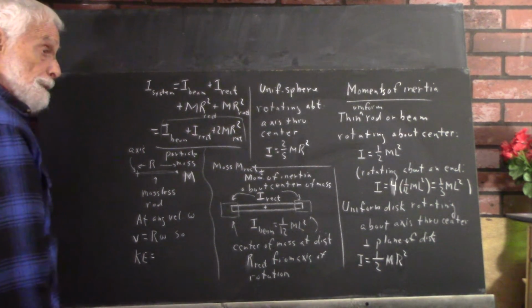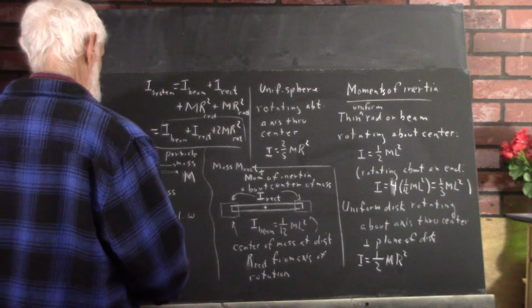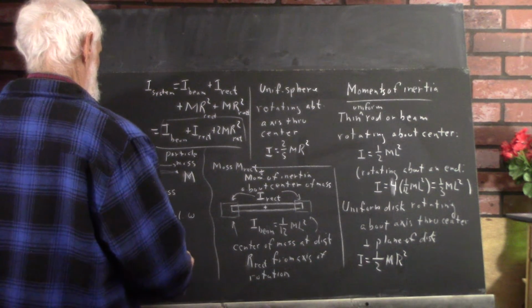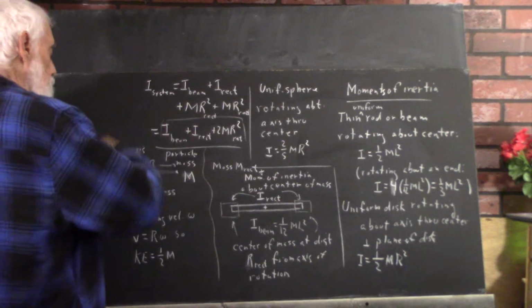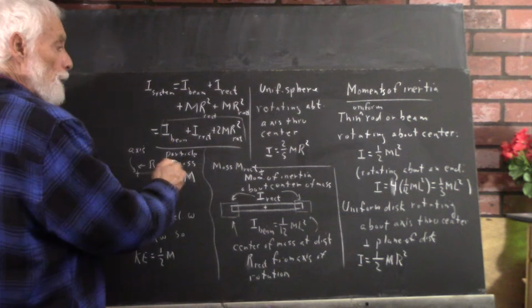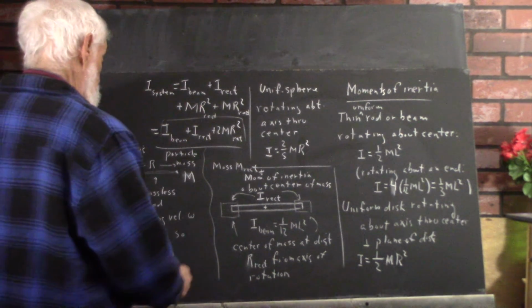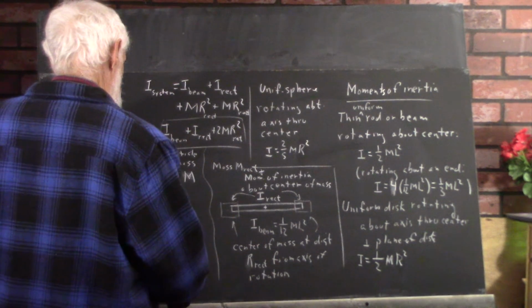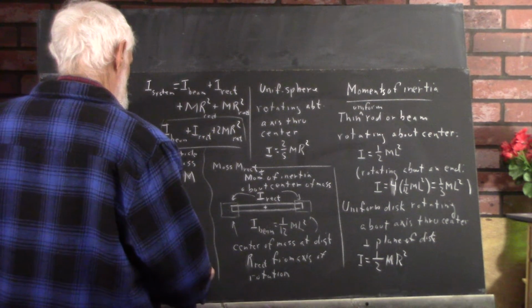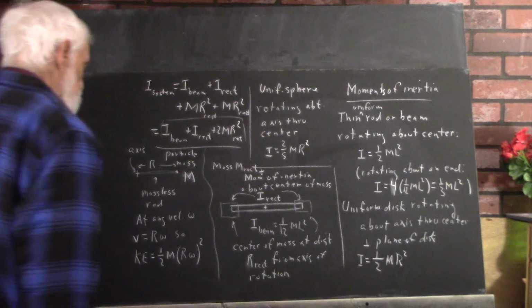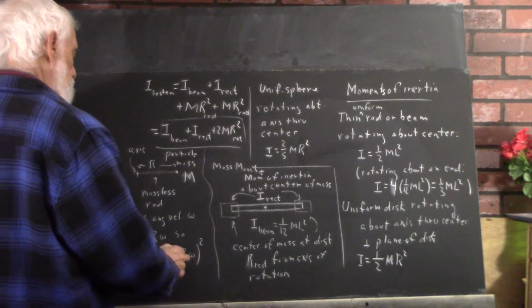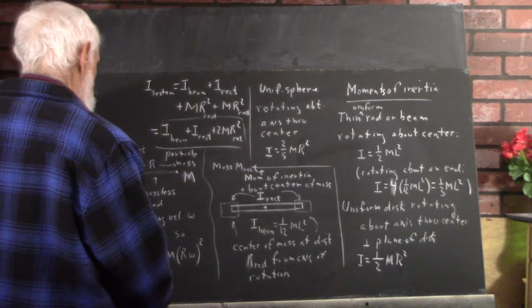So kinetic energy, 1/2, the whole mass is moving at that speed, so there's no mass moving at any other speed. So kinetic energy is 1/2 the mass times r omega squared.